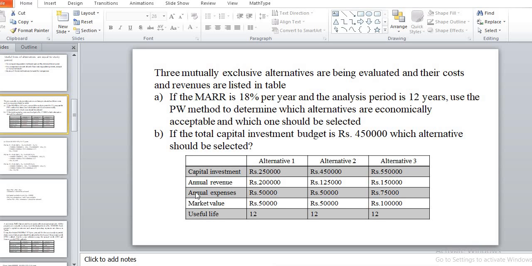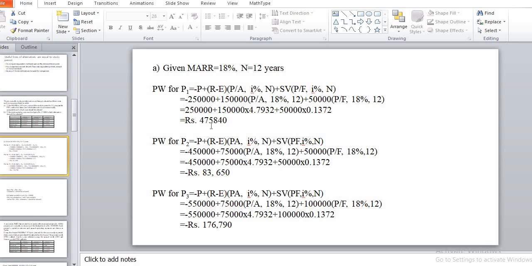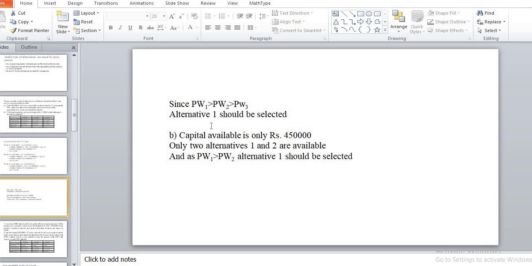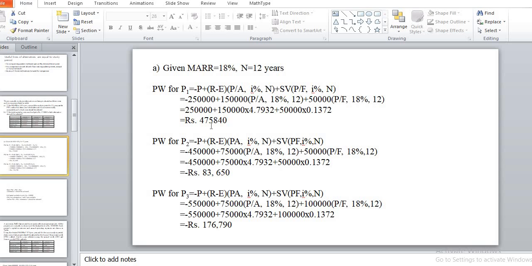So we consider here the different methods. Here we are discussing the comparison using the present worth method. In this present worth method, we name the projects P1, P2, P3.